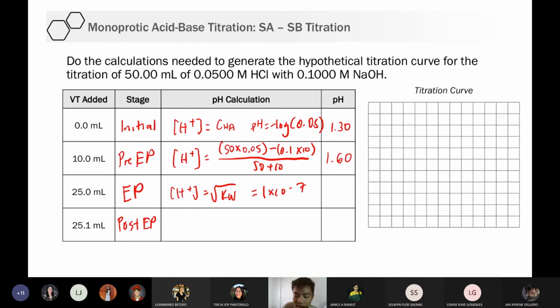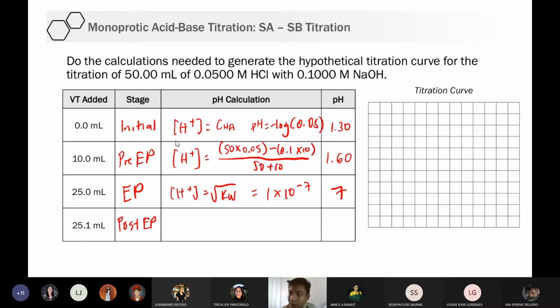I-negative log mo yan, the pH is 7. Okay, yan. Hindi pwedeng magkamali kayo dyan ha. Matik kapag strong acid, strong base, ang equivalence point ay 7. Matik yon. Okay? Given that the Kw is 1 times 10 raised to negative 14 at 25 degrees Celsius yun.